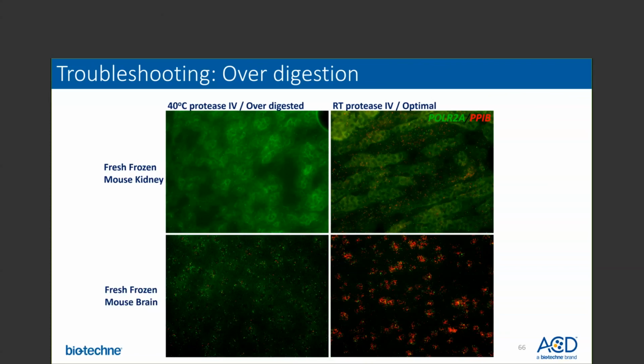But when the tissue is appropriately digested using protease 4 at room temperature in the right panel, distinct green and red dots can be observed with the control probes. Similarly, as shown in the bottom panels, with adequately treated fresh frozen mouse brain samples, there is no background and you can observe beautiful punctate signals. And with overdigestion, you can see an increase in background and a decrease in signal.